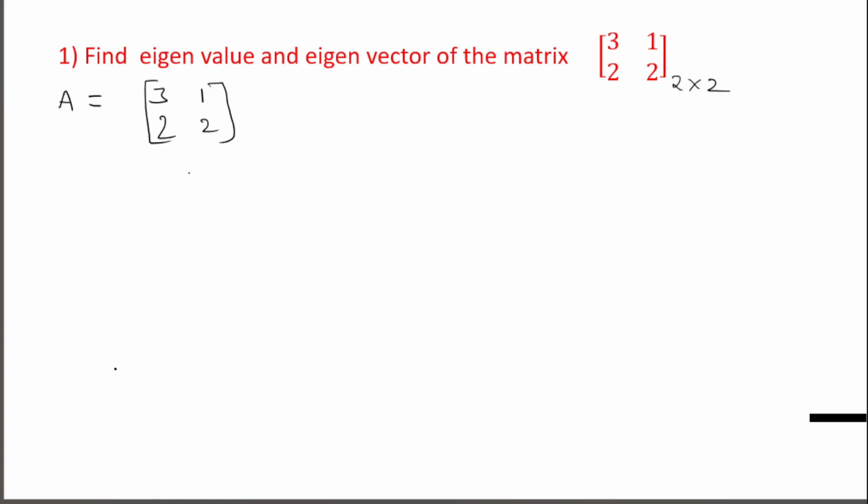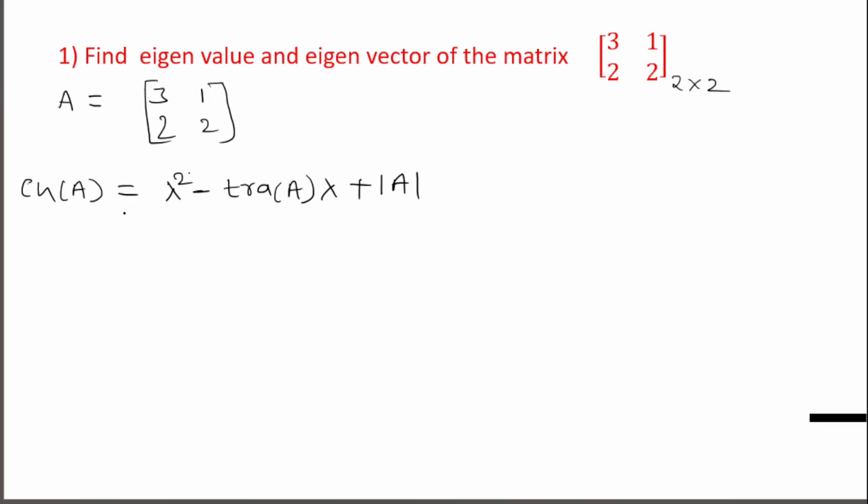For a 2 cross 2 matrix, the characteristic equation shortcut method is CH of A, which means characteristic equation of the matrix A, that is equal to lambda square minus trace of matrix A into lambda plus determinant of the matrix. This is the characteristic equation of the 2 cross 2 matrix.